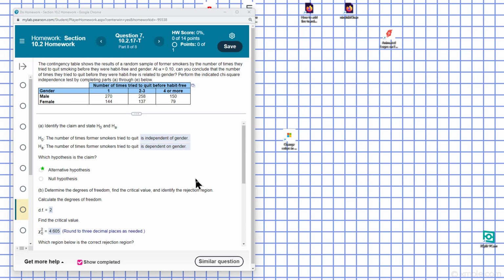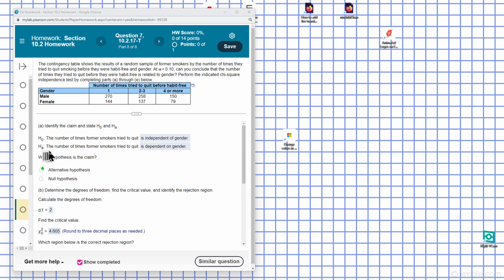For a chi-square test of independence, the null hypothesis is always a statement of the independence of the variables. For the null hypothesis here, the number of times the smokers tried to quit is independent of gender.